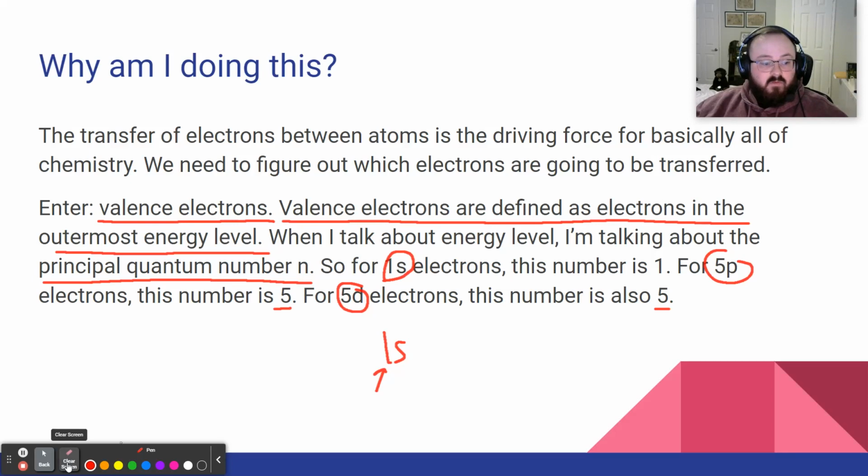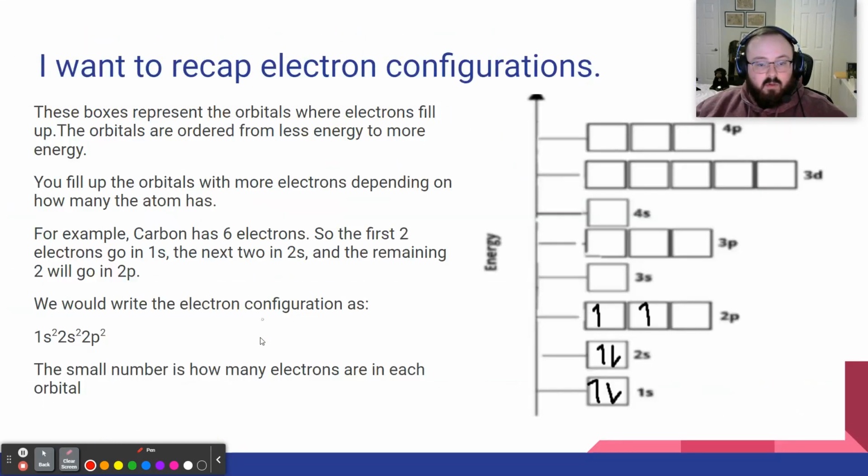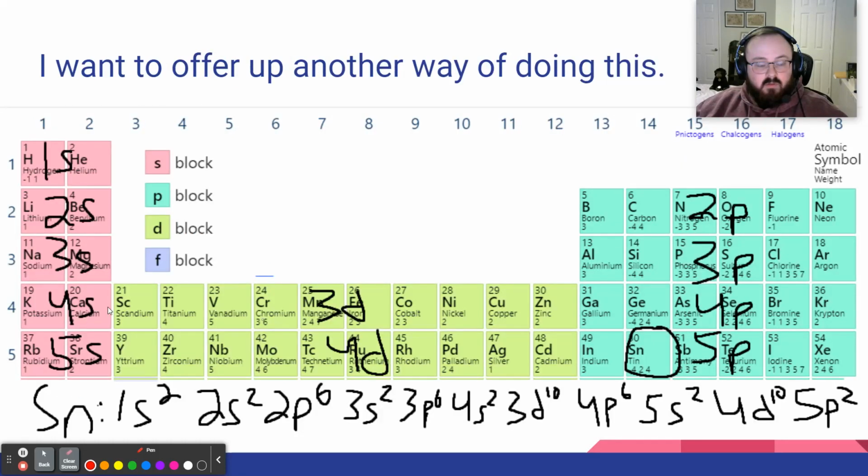Now, for most of the periodic table, what we're going to be talking about is what period it's in, the electrons. It's going to be this period. We're really going to ignore the d electrons in terms of valence electrons.